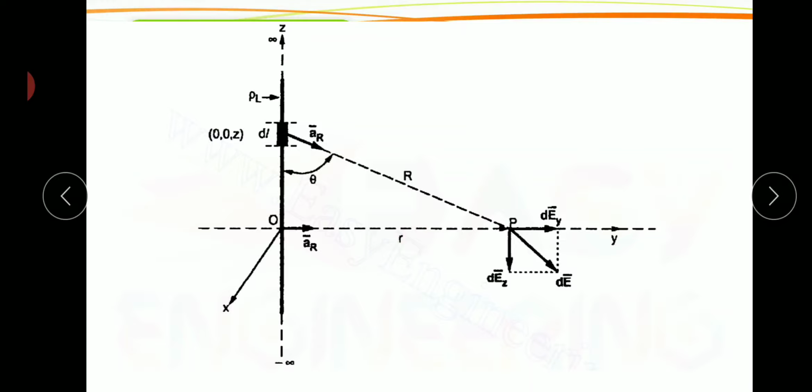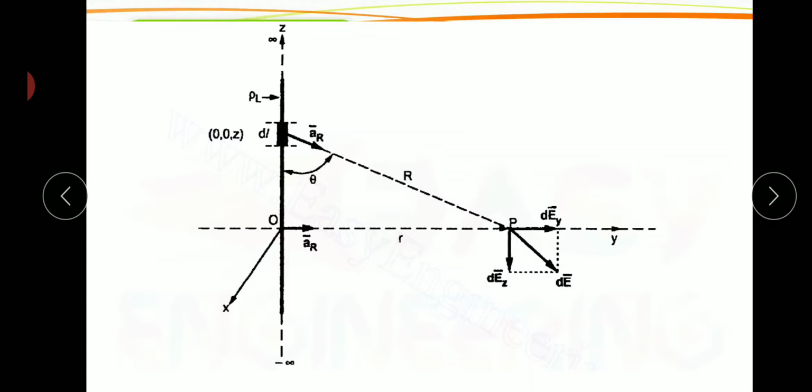So the coordinate point of P is written as 0, r, 0.